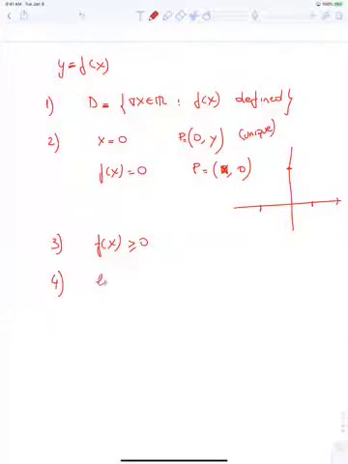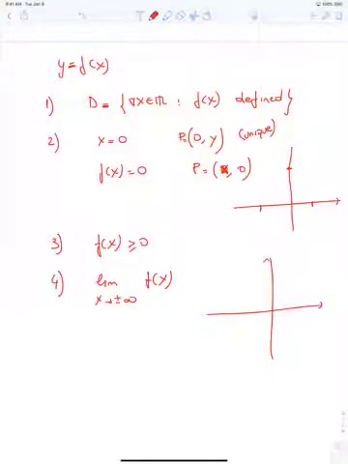Then we want to study the limit, let's say for x that goes to plus or minus infinity, or whatever is the border of the domain of f of x. So we're going to be able to study what happens to the function when x becomes very large and when x becomes very small. It could go in this direction or in this direction or converge to 0.